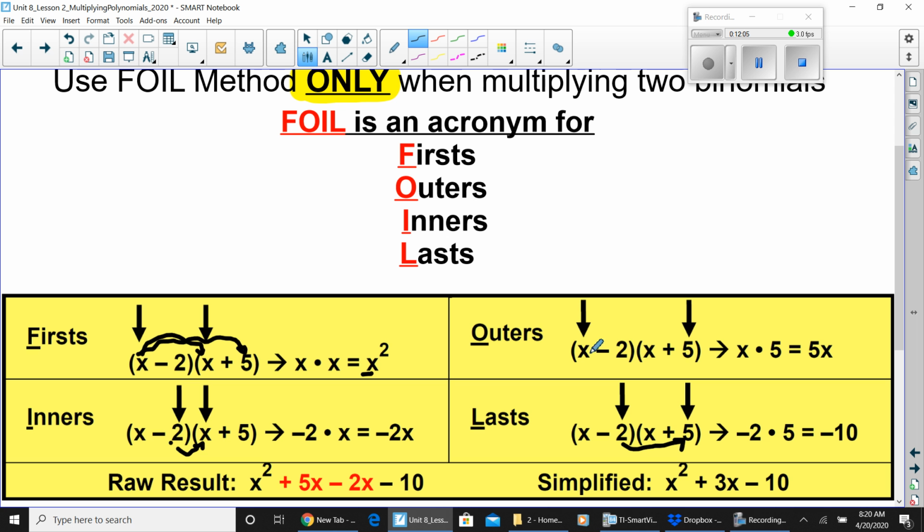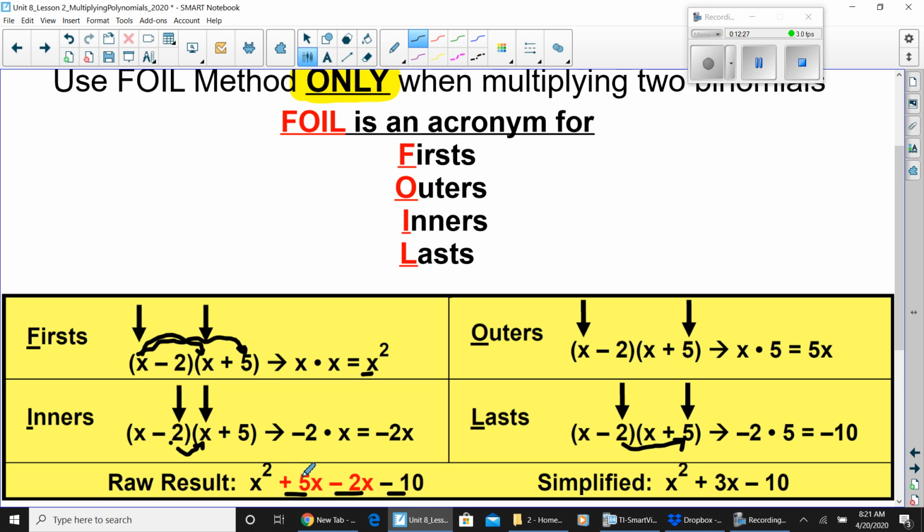The outers, x times 5 is 5x, so you put it right here. And then you move over to the -2, distribute the -2 to the x, it's -2x, and -2 times 5 is -10, and you put it right there.